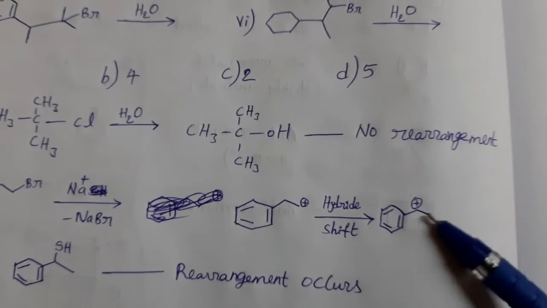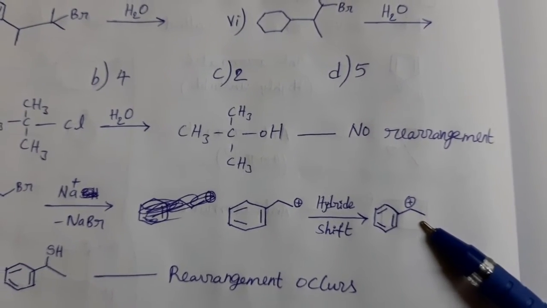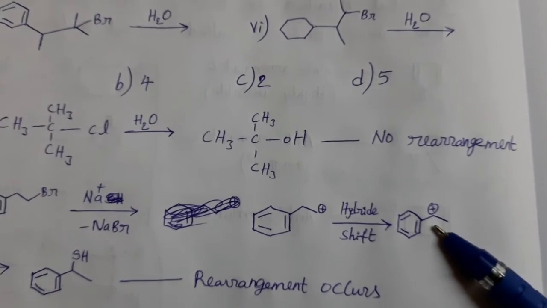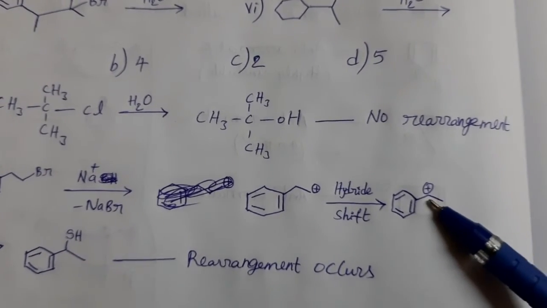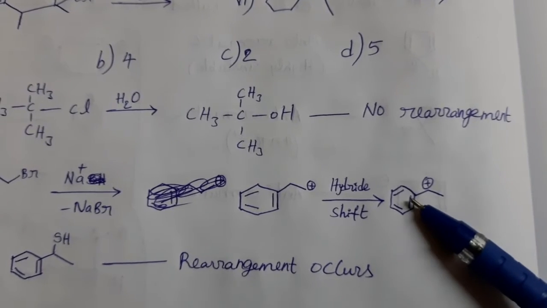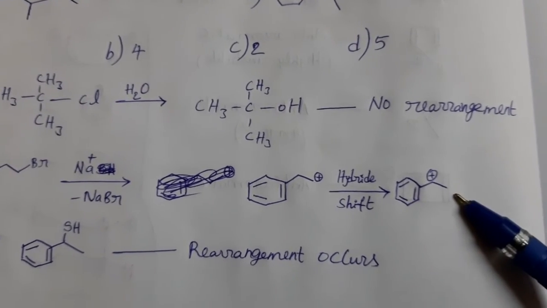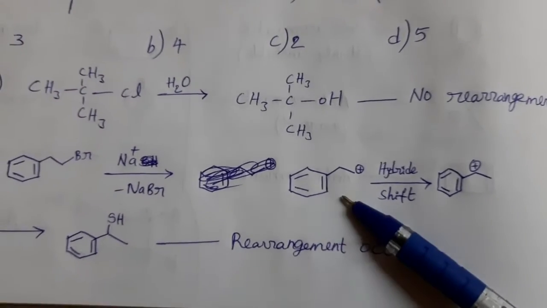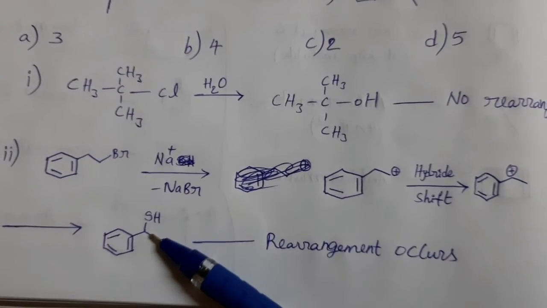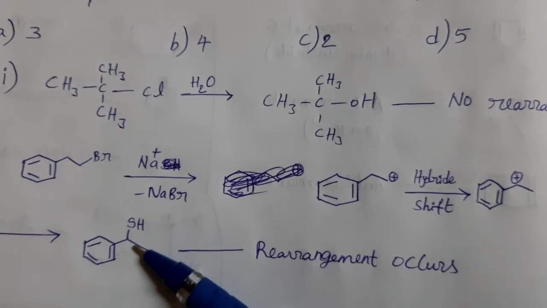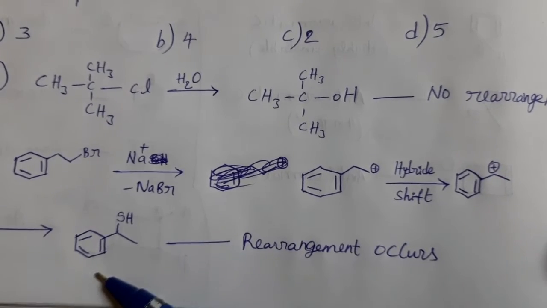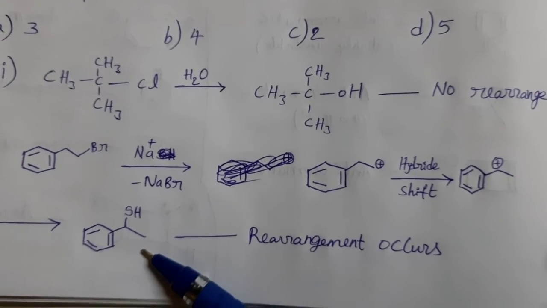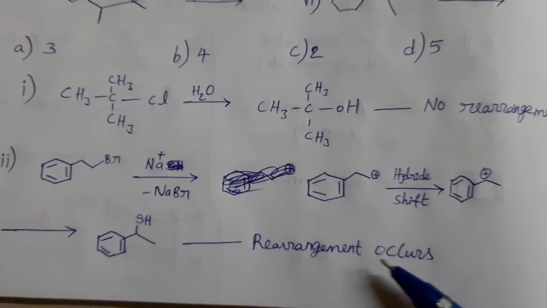That is hydride shift. Then we can get this type of carbocation. It is a secondary carbocation, because this positively charged carbon is attached to this carbon and this carbon, so it has more stability than this one. And then SH minus attaches to this positively charged carbon, we can get the product, thioalcohol. So here rearrangement occurs. Next.